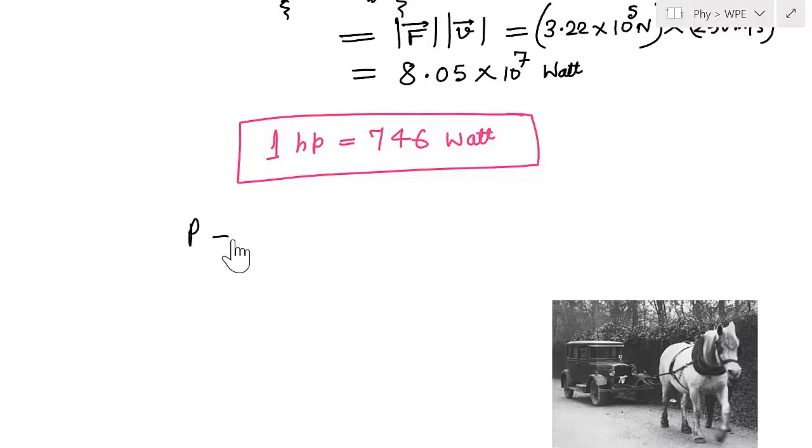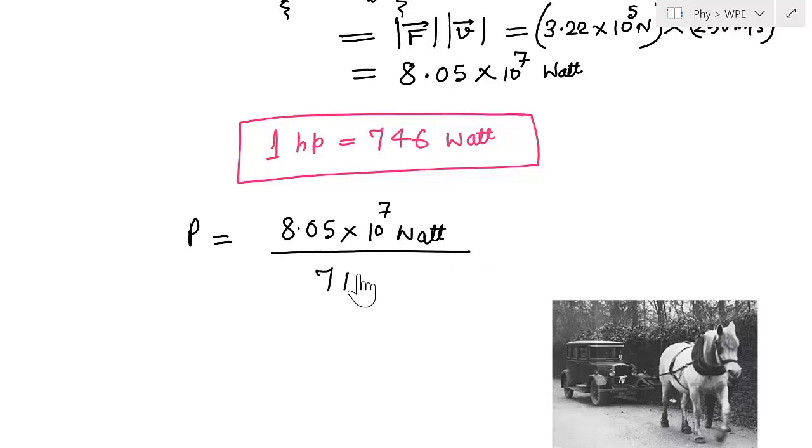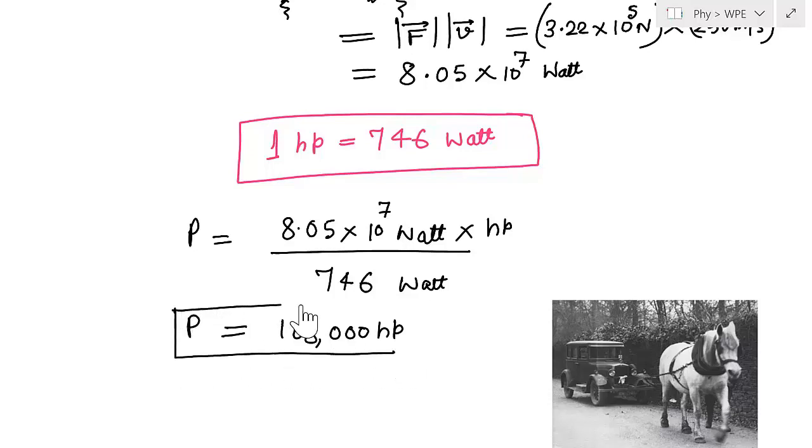The power was 8.05 into 10 to the power 7 watt. If I divide this by 746 watt, horsepower will be on top. If you calculate all this, it comes to about 108,000 horsepower, so around 108 kilo horsepower. So this is the power that is generated by each of the jet engines.